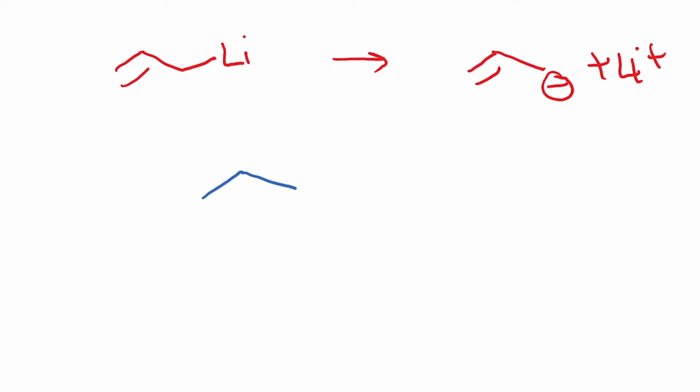If I start with propene, we would get signals such as this, where this is 19.5 ppm, this is 134 ppm, and this is 116 ppm. This is what you would get if you just record propene's NMR spectrum.